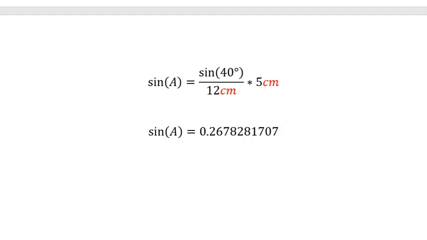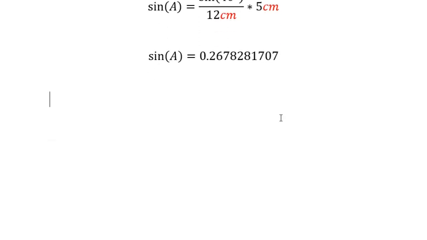Okay, so now we can solve this for A, for angle A. So we take the inverse function of sine. This is sine to the minus 1 or arc sine. In your calculator, you will find it generally as sine to the power of minus 1. That's the opposite of sine of A. So let's take that.